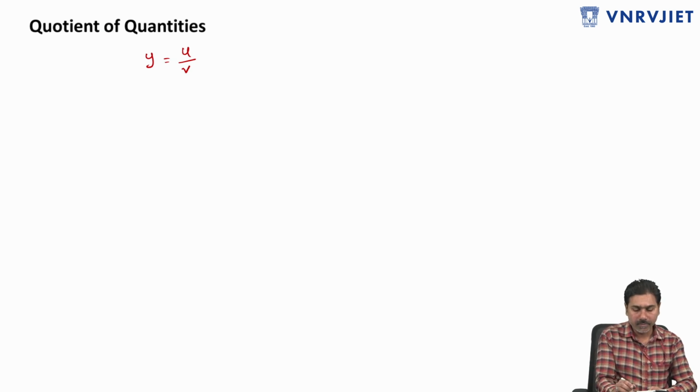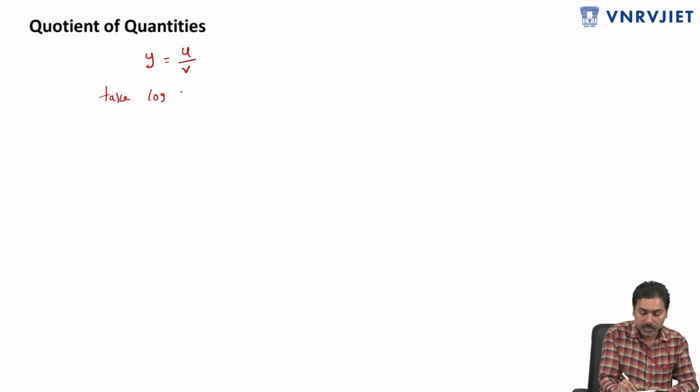In this case, to get the relationship between the limiting errors of the two quantities u and v on the final measured value, we'll derive the relation by taking the log on both sides. Take log on both sides. Then we'll have log y is equal to log of u by v.